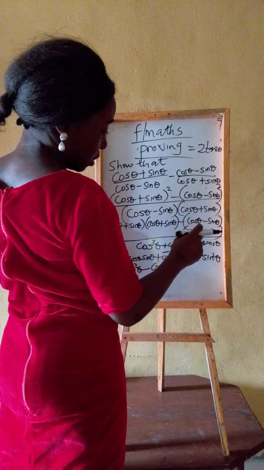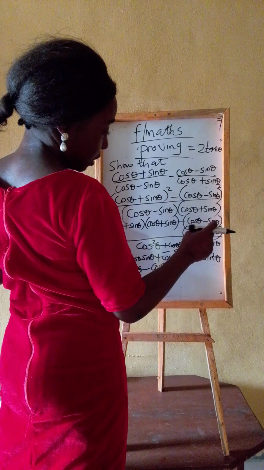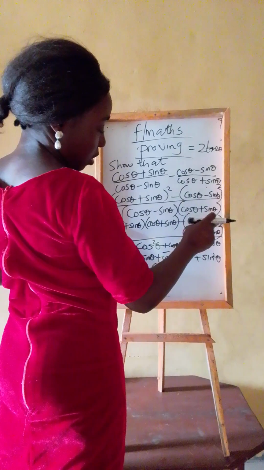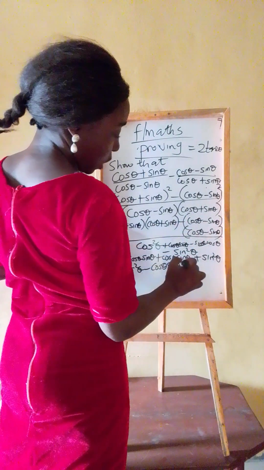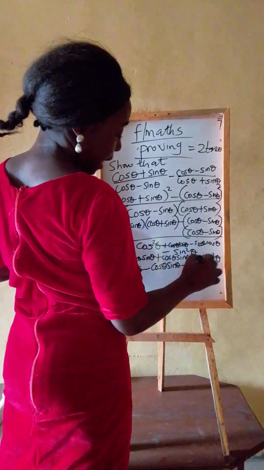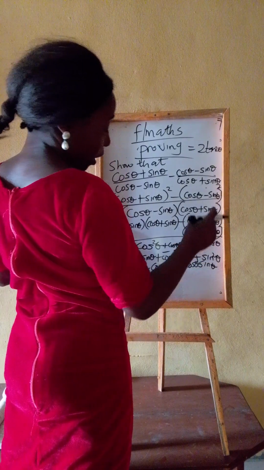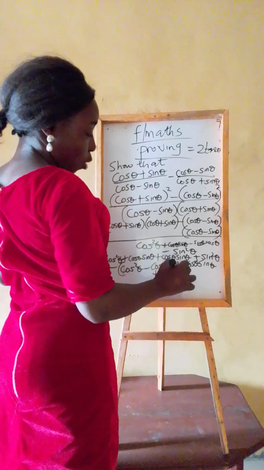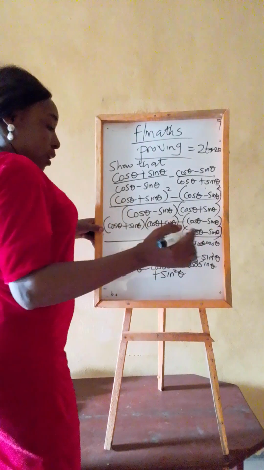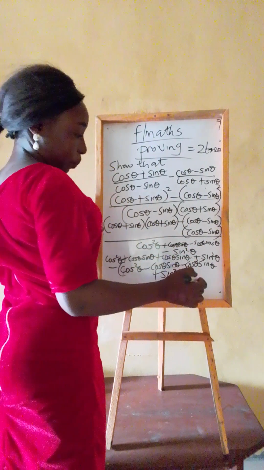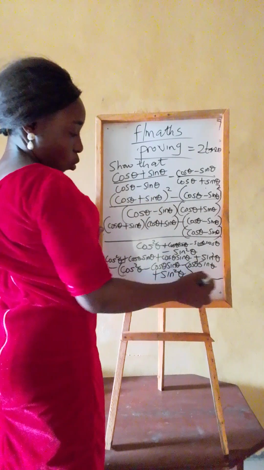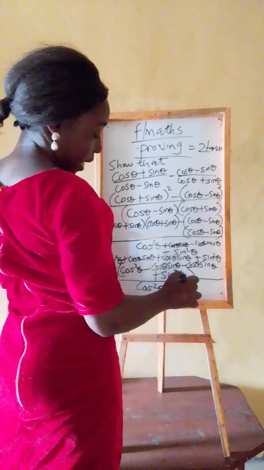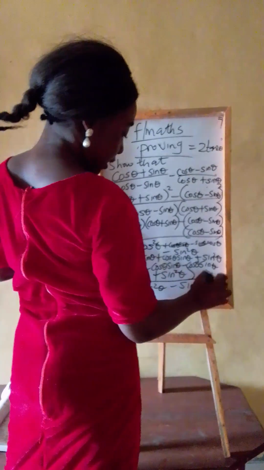This times this, minus cos theta sin theta. This times this, we have plus sin square theta. So, over cos square theta minus sin square theta.